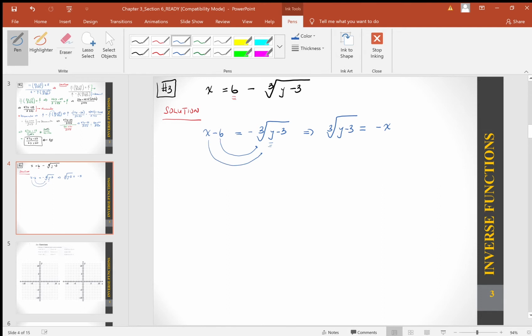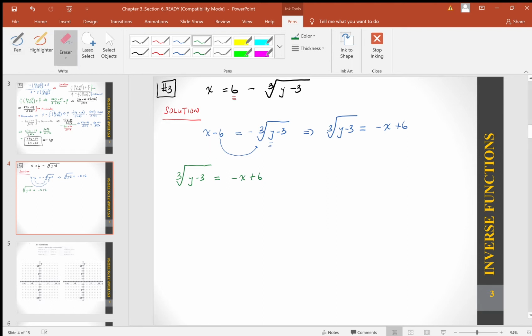So my x now becomes negative and I have a positive 6. I'm just going to rewrite this now and say the cube root of y minus 3 equals negative x plus 6.